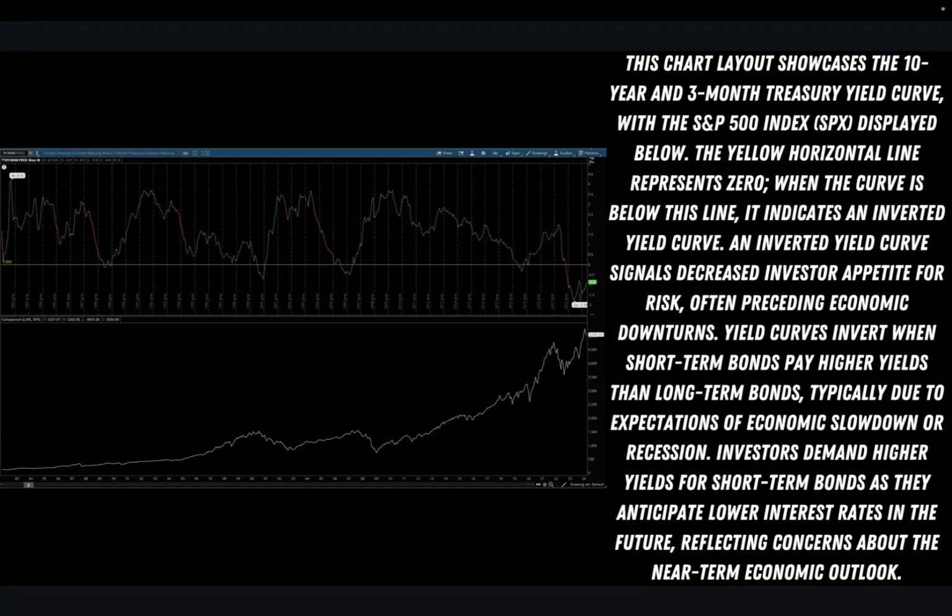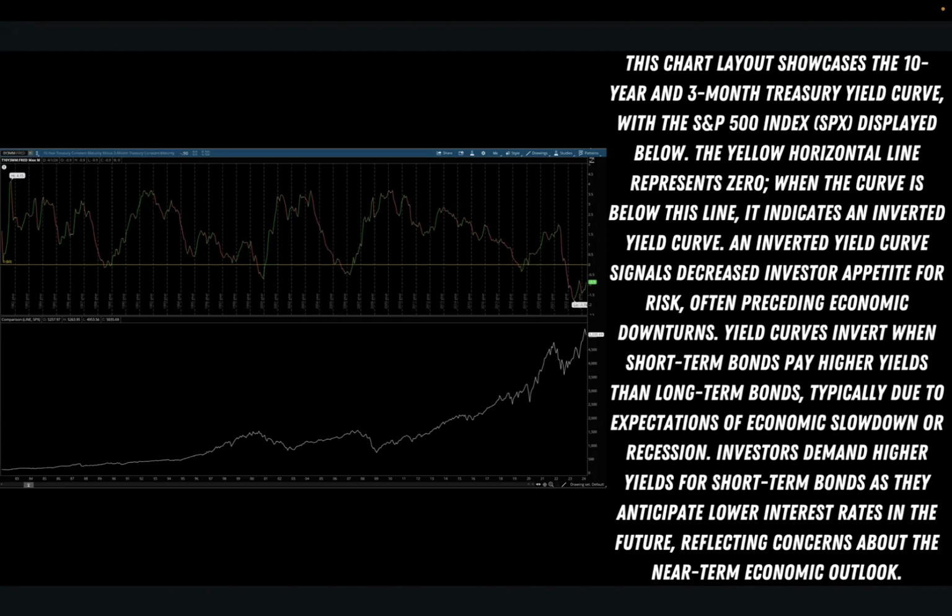As it says here, as I've written down, yield curves invert when short-term bonds pay higher yields than long-term bonds. So in this case, the 3-month treasury is paying more than the 10-year treasury, which is not a typical historical relationship. Now, this happens usually due to expectations of economic slowdown or recession.